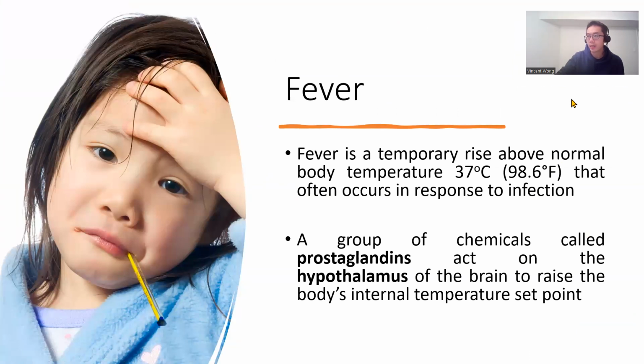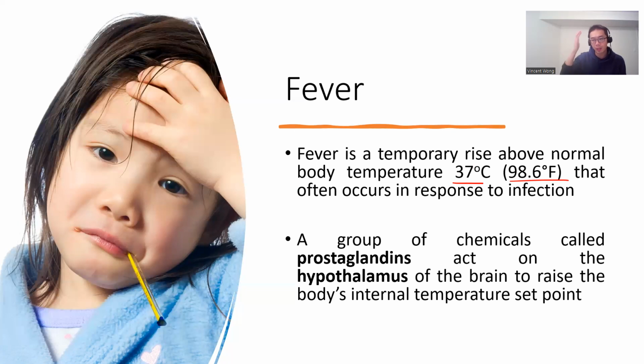Now the fifth mechanism for innate immunity is fever, right? If everything else is not quite working, you're not really able to clear the infection fast enough, then your body's going to turn up the temperature, right? And that's basically what fever is. Normal body temperature is about 37 degrees Celsius or 98.6 degrees Fahrenheit.